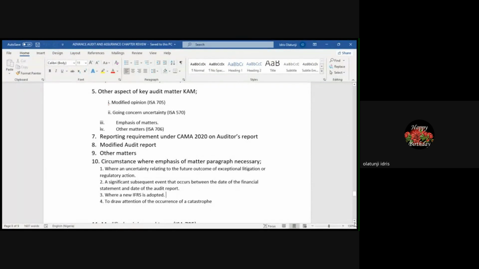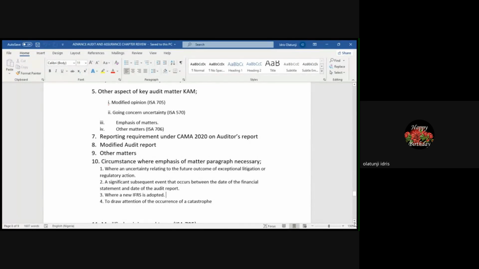That's number one. Then again, a significant subsequent event that occurs between the date of the financial statement and the date of the auditor's report. That is, in the case of an adjusting event, all those things that can make the company lose its credibility and the likes, but the outcome is yet unknown.